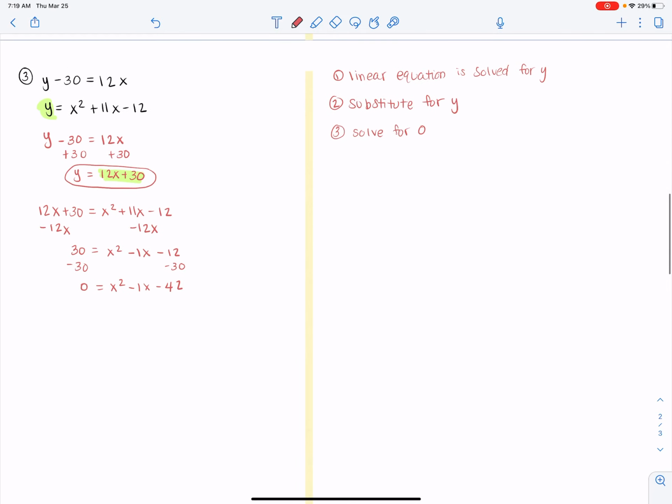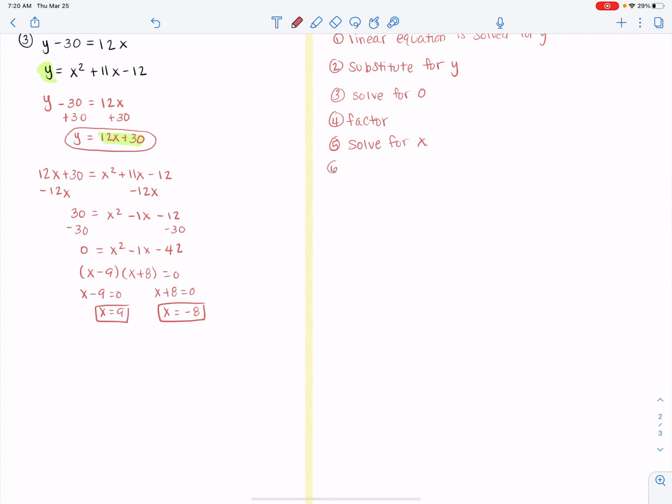Okay, so now we're going to factor. So this factors to x minus 9, x plus 8. Solve for x. So x minus 9 equals 0 means x equals 9. x plus 8 equals 0 gives you x equals negative 8.